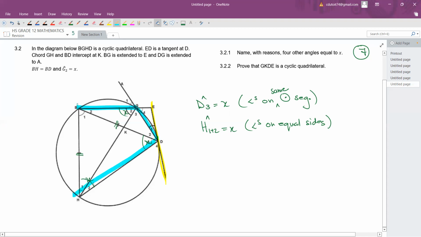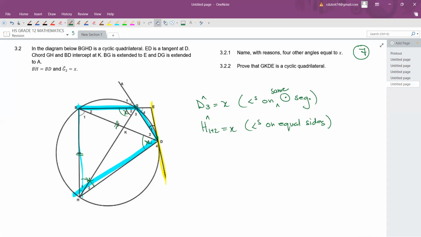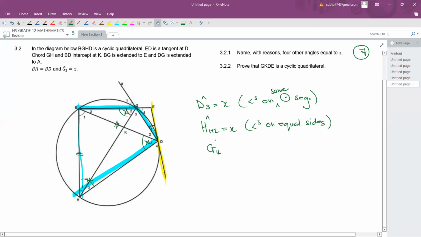See if you can find any other, like an exterior angle or something. G1. Okay, I just used G4, but you can use G1. G1 is X. That's exterior angle.